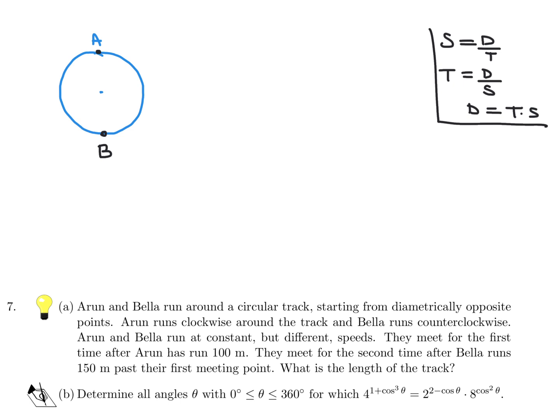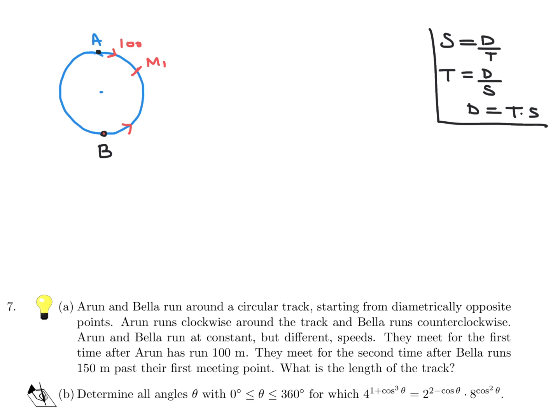Okay, so now let's talk about the first scenario. They're saying that they meet when Arun has run 100. So he's going this way. Let's just say that's 100 meters. That distance is 100, and we'll call it M1 for the first meeting. Now, Bella's running that way, and the distance from hers to M1, I don't know.